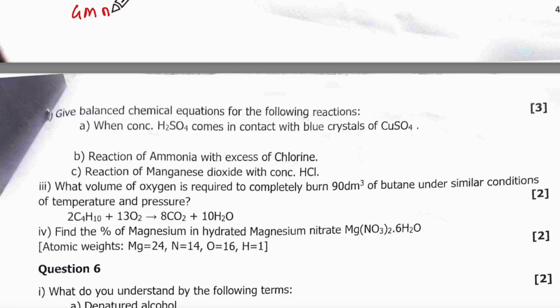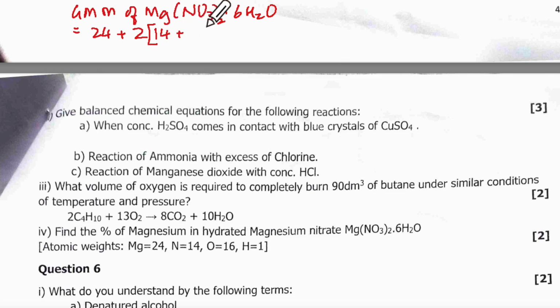So first of all you have to find the GMM of Mg(NO3)2.6H2O, which will be equal to Mg means 24 plus 2 into bracket N means 14 plus O3 means 16 threes 48, and plus 6 into H2 means 2 and O means plus 16. Please write like this. Don't write 2 into 14 and 6 into O. That gets a little confusing and goes a little slow.